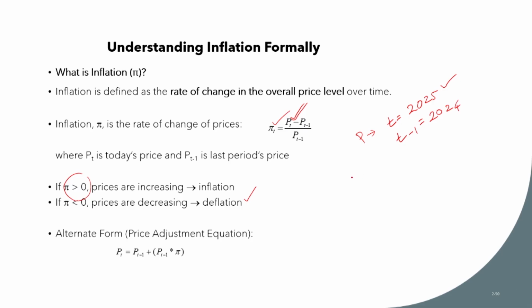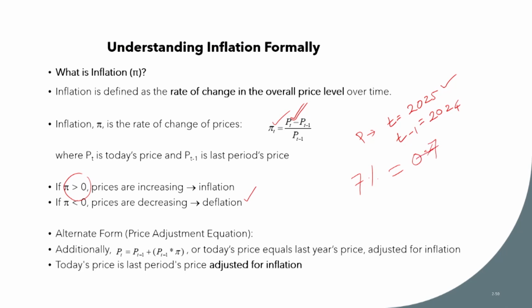For example, when we say inflation is 7%, that is 0.07. To summarize this slide, today's price is last period's price adjusted for inflation.